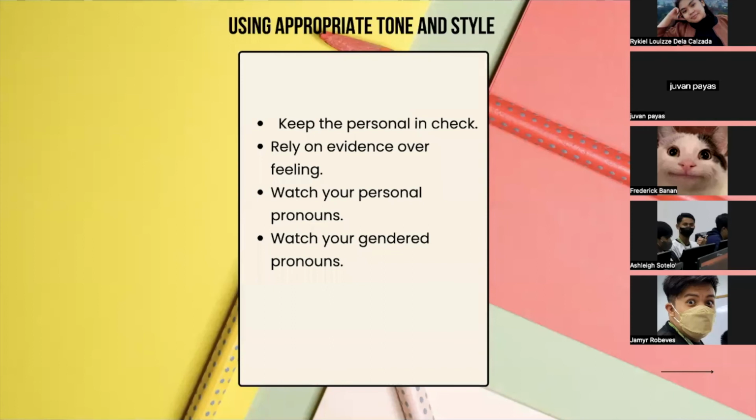So again, consider the following tips. These are designed to make the process of writing an academic paper go more smoothly. Number one, keep the personal in check. Okay, what do we mean? Keep the personal in check. Some assignments will invite you now to make a personal response to a text. Okay, write your reaction paper.